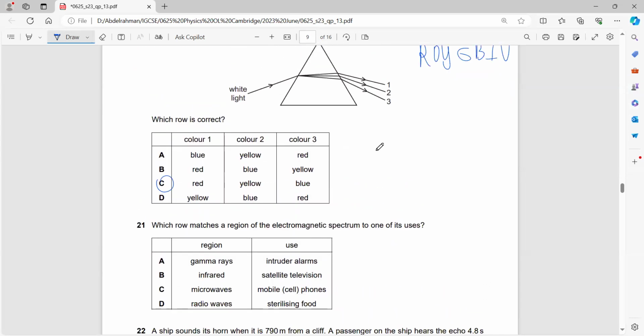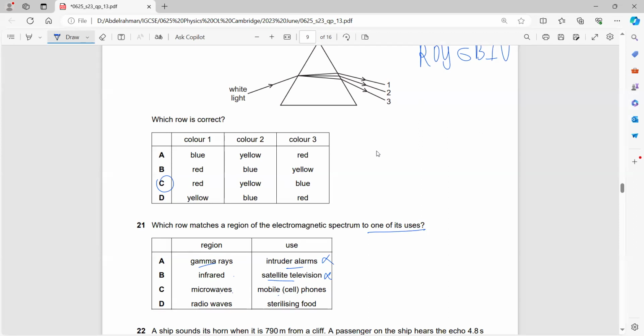Which row matches a region of the electromagnetic spectrum to one of its uses? Do we use gamma rays in intruder alarms? No. Infrared in satellite television? No, we use microwaves in satellite televisions. Microwaves in mobile cell phones?